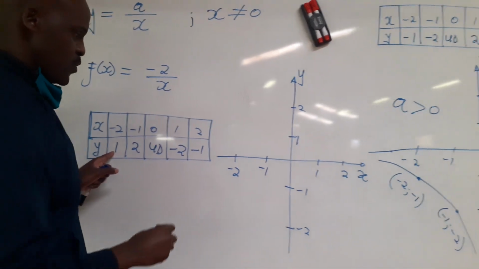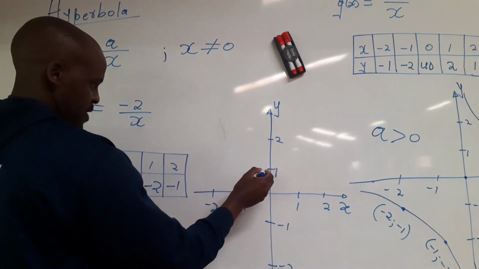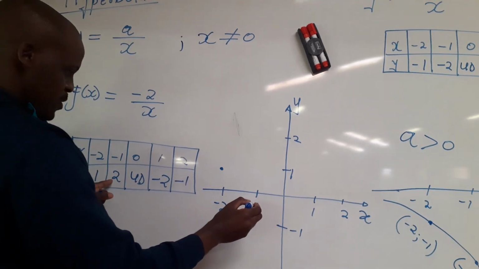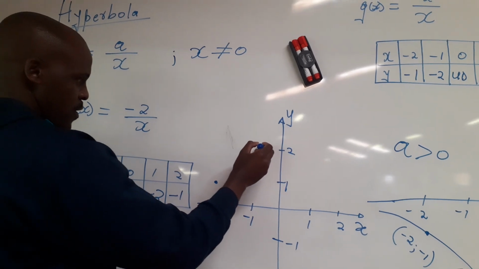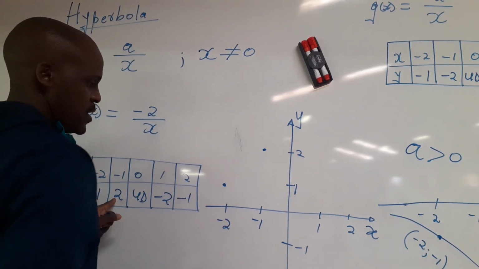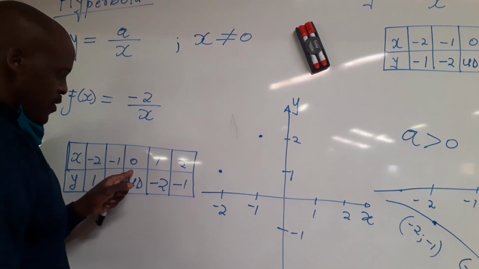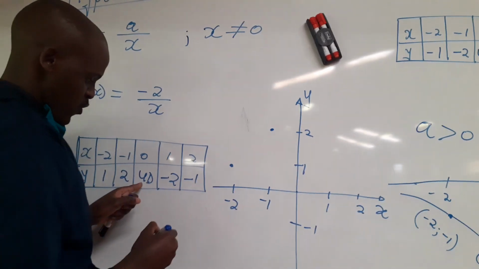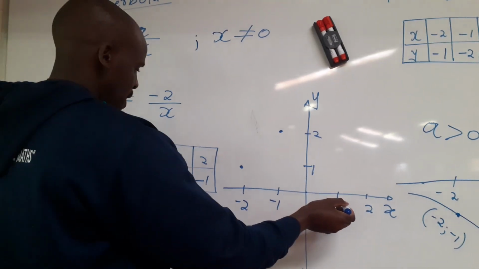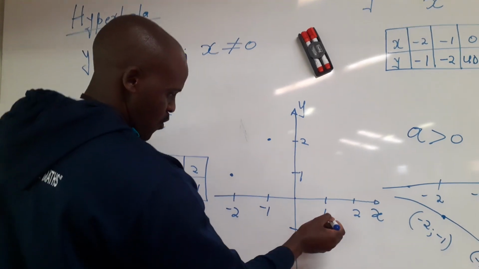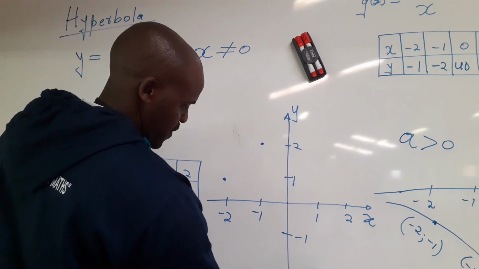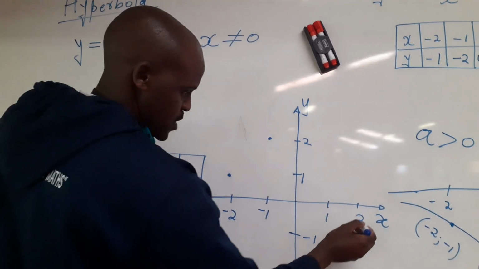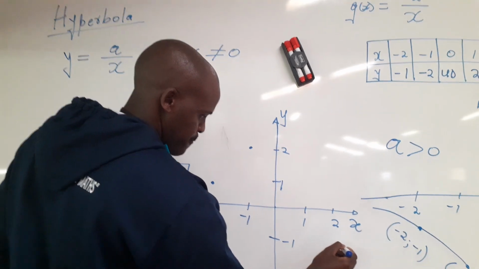Negative 2 is to 1, there is a point. Negative 1 is to positive 2. There it is. We do not touch where x is equal to 0. That is the y-axis, it will be undefined. 1 is to negative 2, there is the point. 2 is to negative 1.